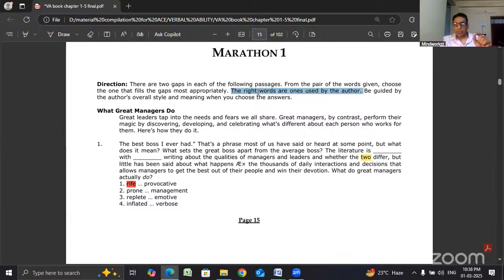You can use a better word compared with the author. It is possible. So mind this, if you are not getting the right option here, it doesn't mean you are wrong. You are just either missing out some part of it or you are just using a different word.